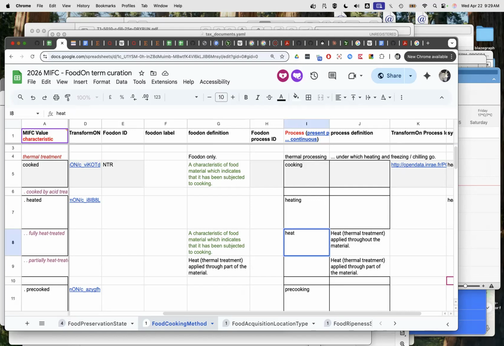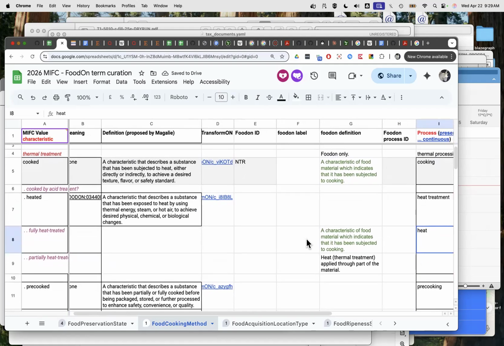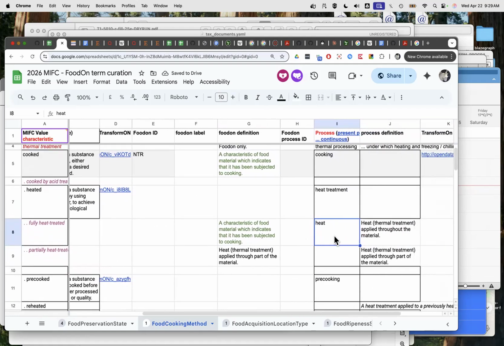Heat treatment. But do you need to have a process term for each adjective? Or can it be the same parent? It is still heat treatment, but then just in the characteristics you have the degree. I agree that that's a possibility.